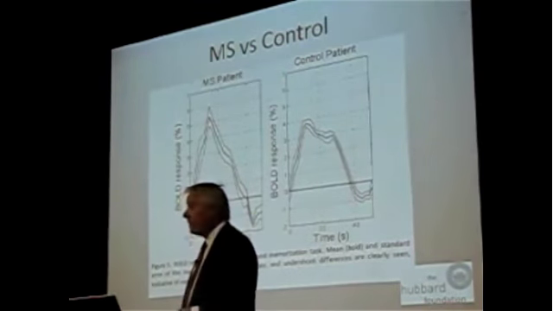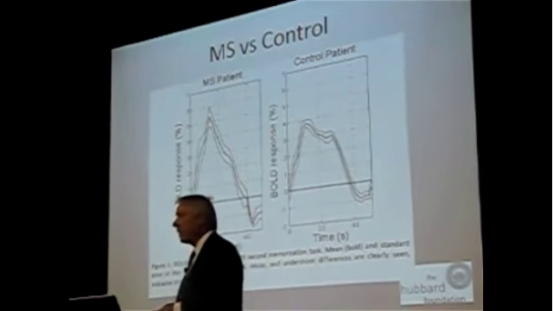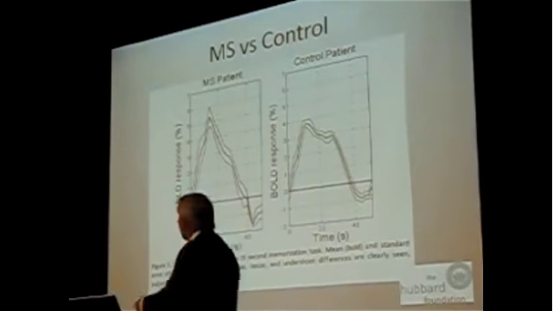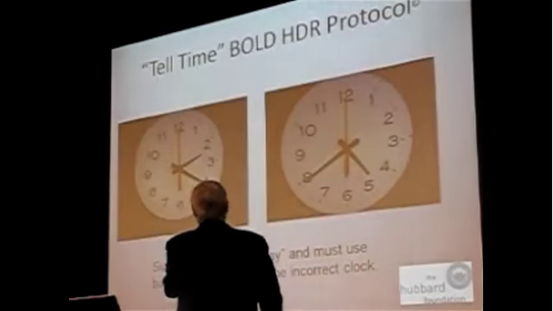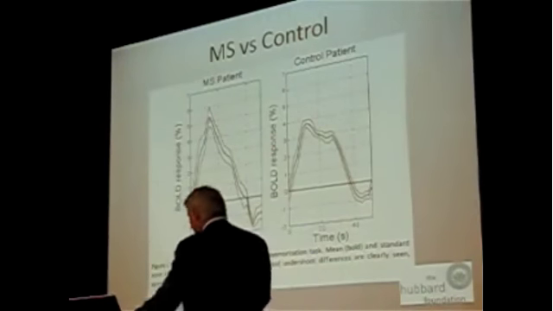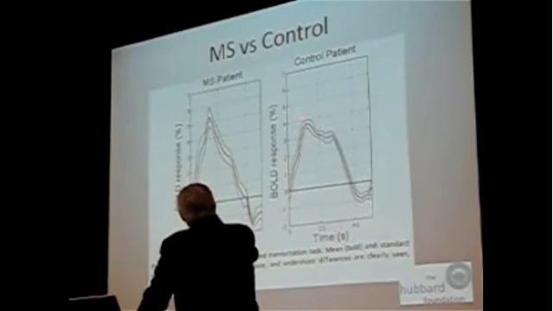Well, this is what we got. So we've now done about 20 of these, but I'm just going to show you one. So on the right, this is the pattern that I showed you before. What you expect to see is a steady increase in blood, a plateau, and then it drops down, and this is the venous undershoot.